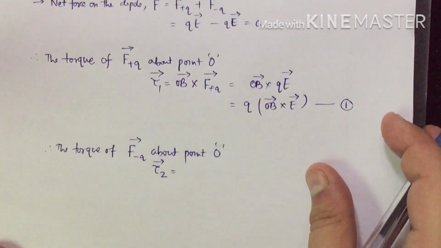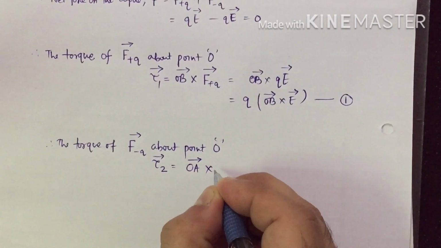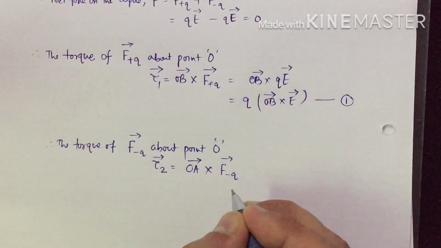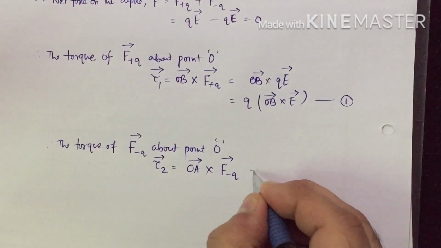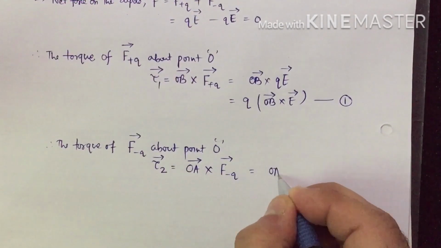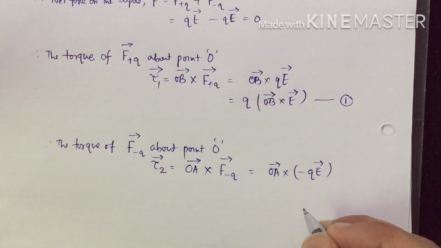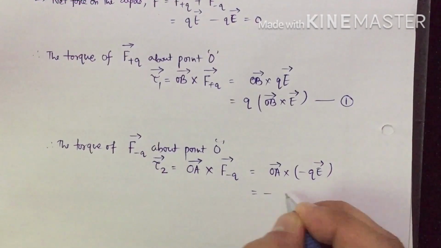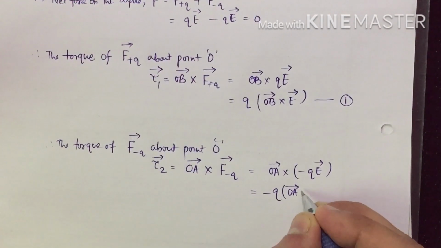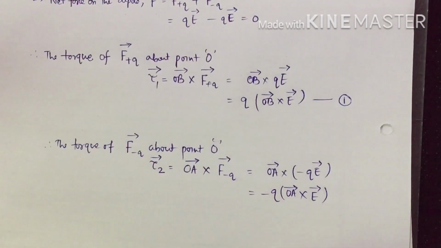So this will become OA vector cross F minus Q. Now F of minus Q is OA cross minus QE vector, and we can write minus Q times OA vector cross electric field vector.